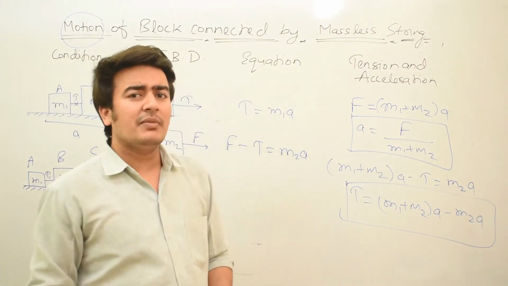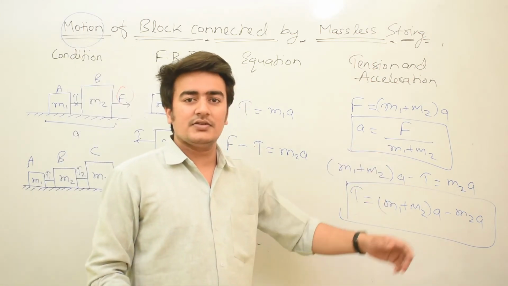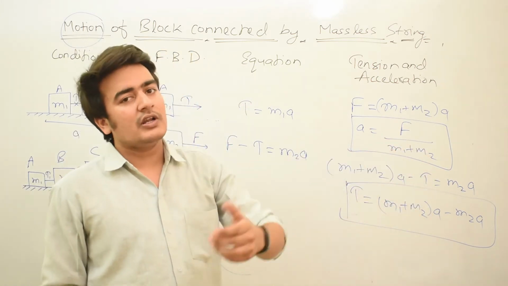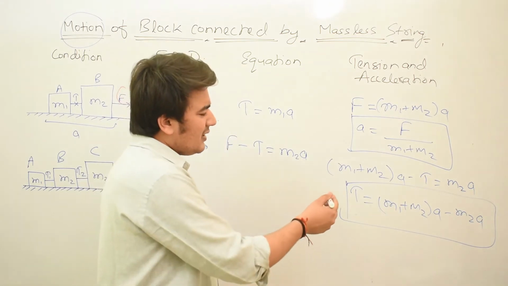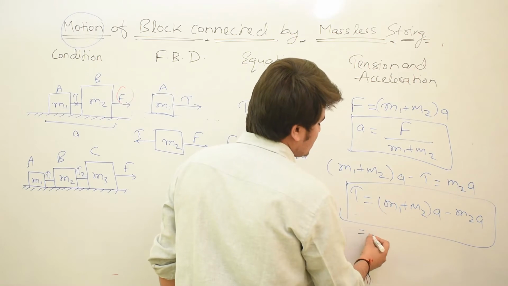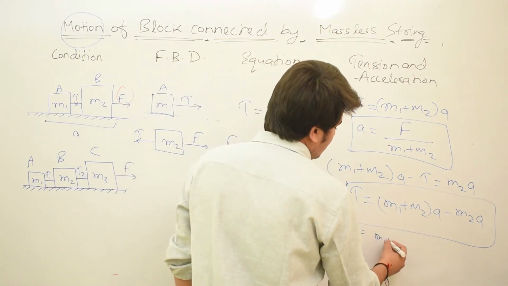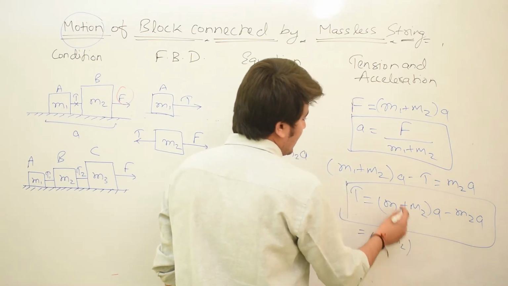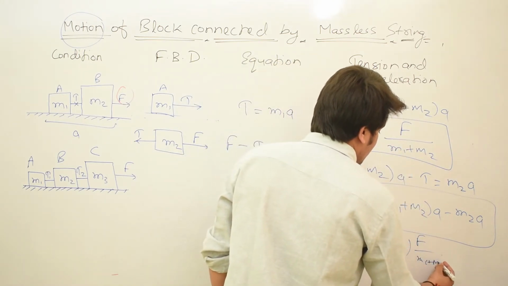What if we do not have the magnitude of acceleration? You will say, sir, we can easily calculate it by applying the simple formula. What if I give you the value of force? We can put acceleration equal to what we have calculated, F divided by (m1 plus m2).